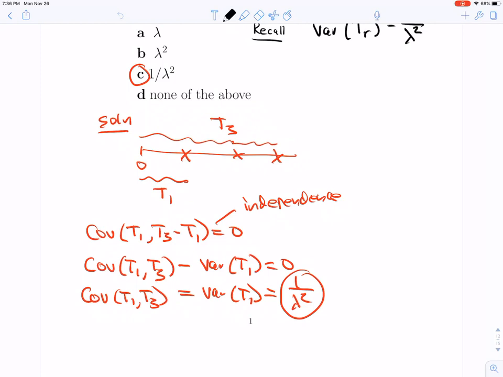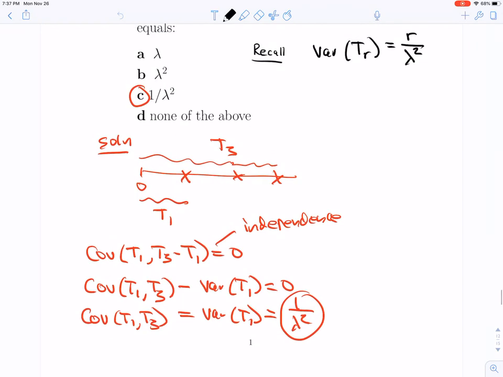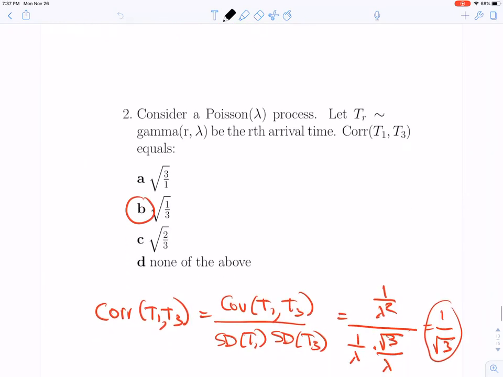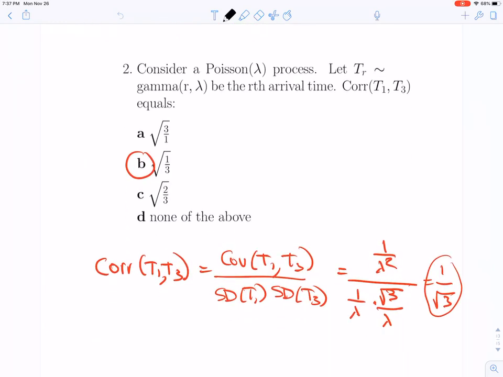And so using the bilinearity, then we can solve for a covariance of T1, T3 is the variance of T1, and the variance of T1 is 1 over lambda squared, because R is 1. And then for the second problem, we needed to find the correlation, so we just divided by SD T1 and SD T3, and that just gave us square root of 1 over 3.